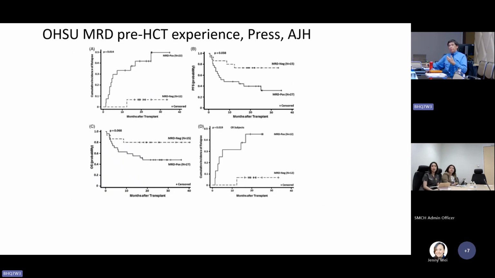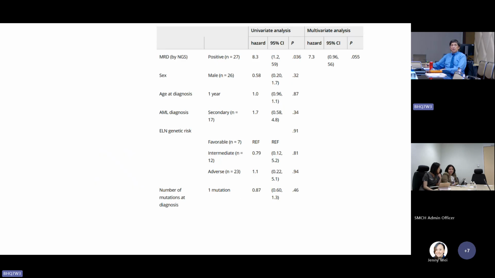And we published our experience on our first look asking this question about pre-transplant MRD. Is it predictive of failure? We went back to our allotransplants for AML and resequenced people. This was before we did sequencing, and what we showed is that MRD positivity predicts failure, just as we expected.